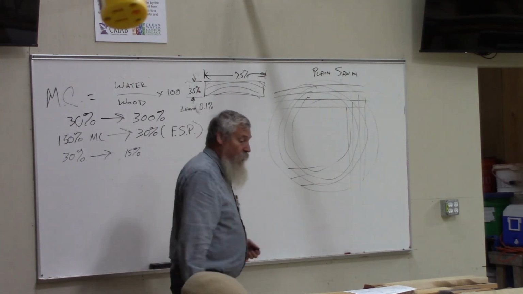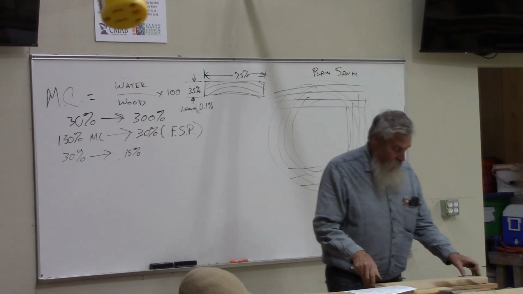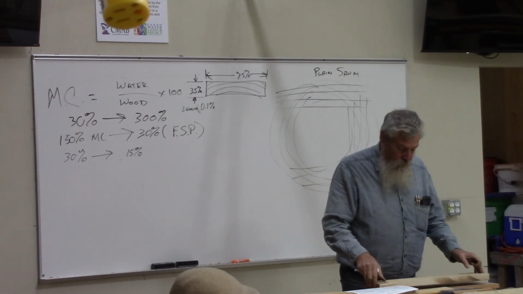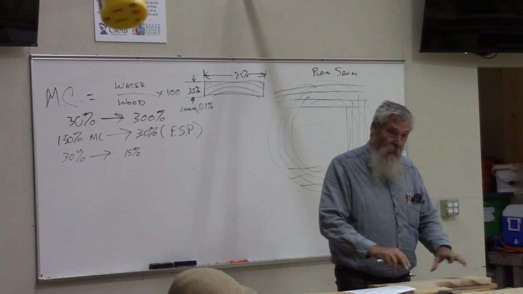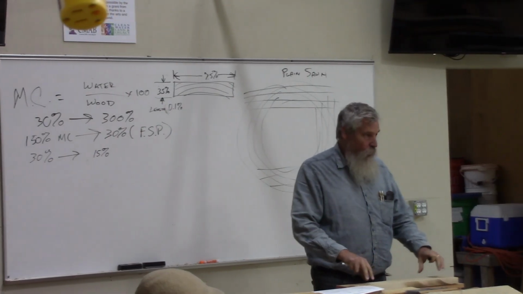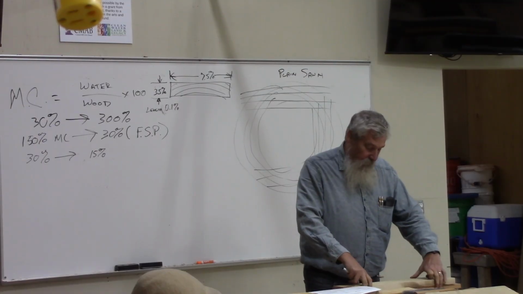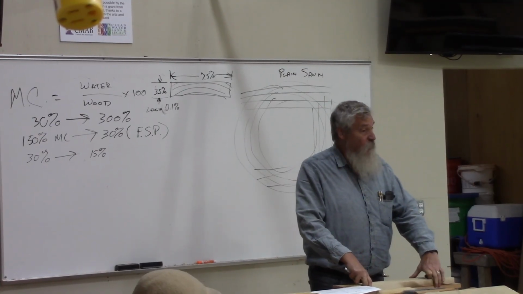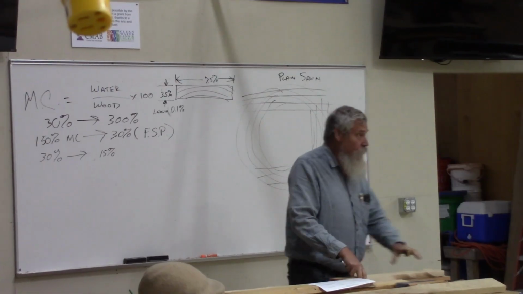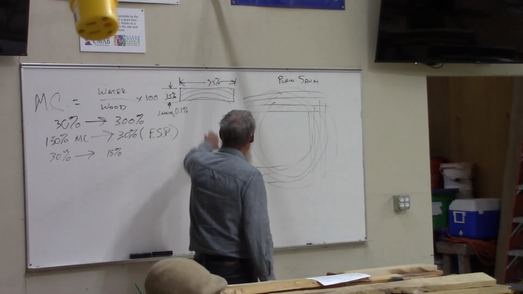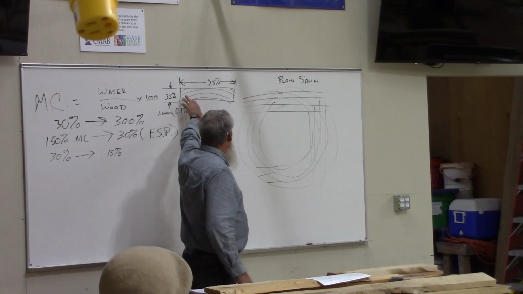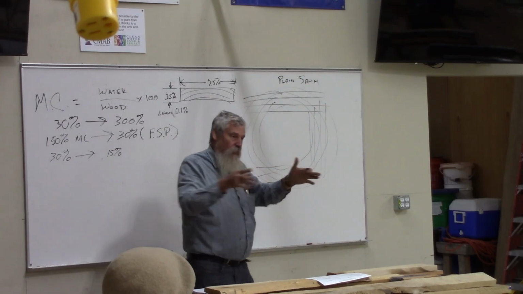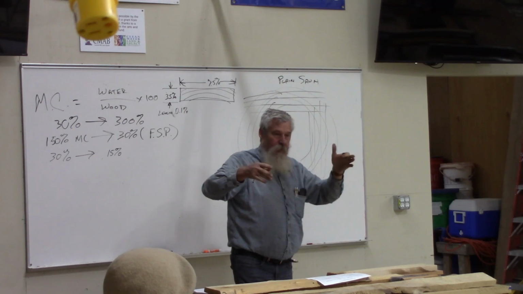So when you take your project and you glue it together, the two pieces will expand and contract. They'll fight a little bit, but the glue will hold it together, and they'll expand and contract. So if you built a piece of furniture and you use the plain sawn wood like you have up here, you'll expect that that's going to grow and it's going to shrink, and it's going to grow and it's going to shrink.